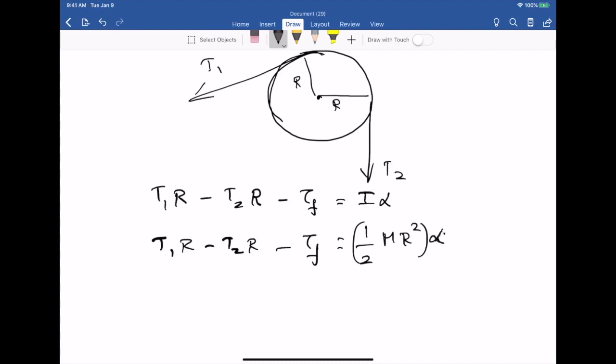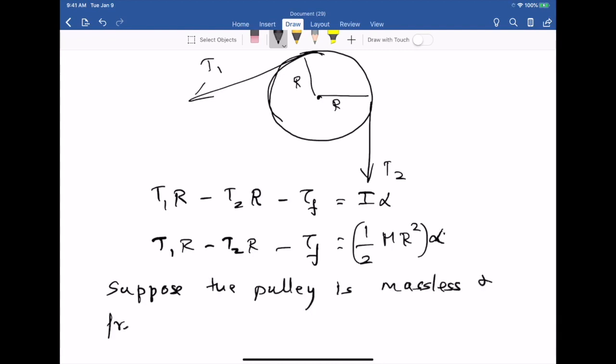All right, now suppose the pulley is massless and frictionless. Then what happens? Then this right hand side is 0, right? And the friction term goes away.